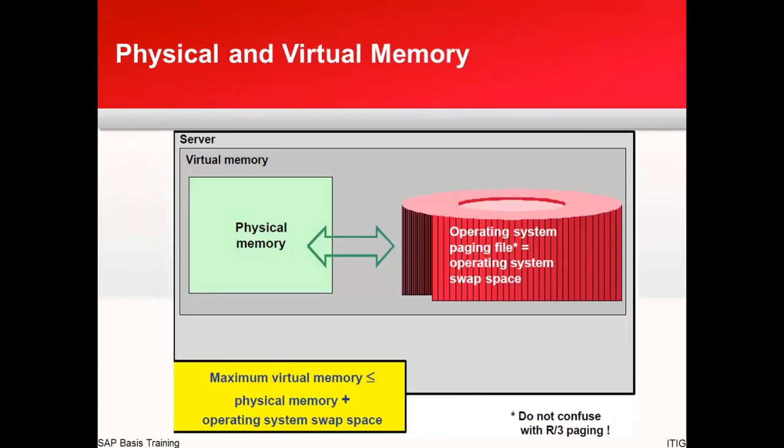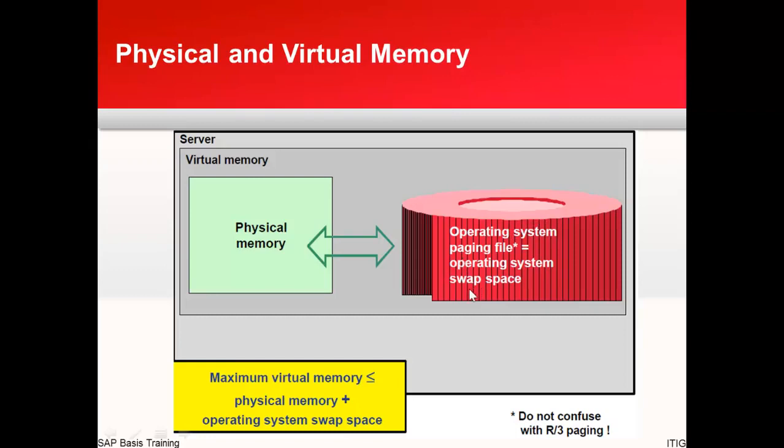Okay, now the physical and the virtual memory. So basically you can see that this is a server, and this server has the physical memory, and we are utilizing the paging file space, that is the operating system's paging file, which we normally also call swap space.